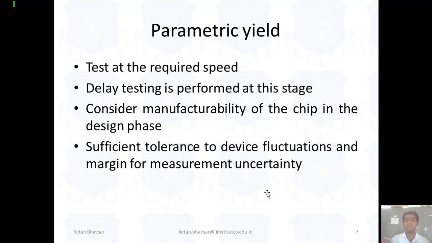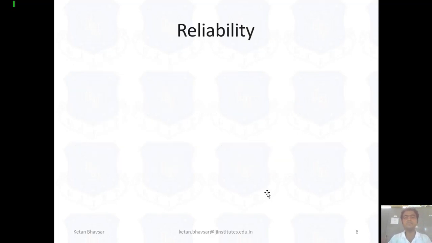We have to check the fluctuation margin going on in the circuit, and also the uncertainty, meaning it is sometimes not working in the proper manner because of some issues. Maybe the ground is not connected properly, maybe your program is not working properly, maybe there is a connection issue. So we have to check this type of fault in parametric yield.